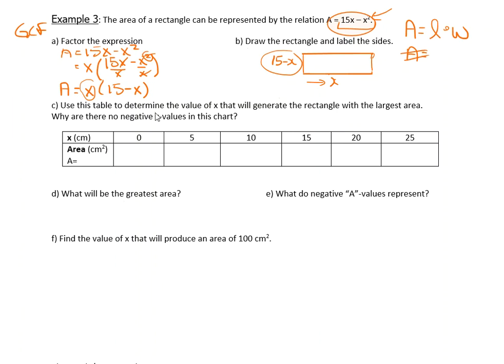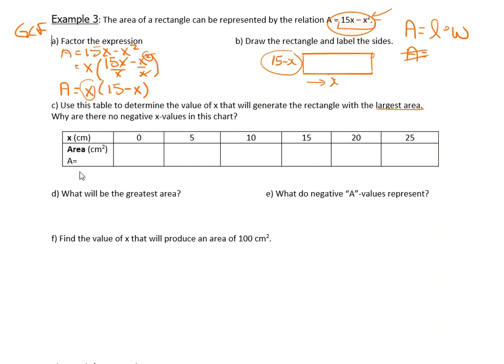Part C says, use this table to determine the value of x that will generate the rectangle with the largest area. Why are there no negative values? Okay, so here we go. X in centimeters. So here's our length here. When our length is 0, what's the area going to be?